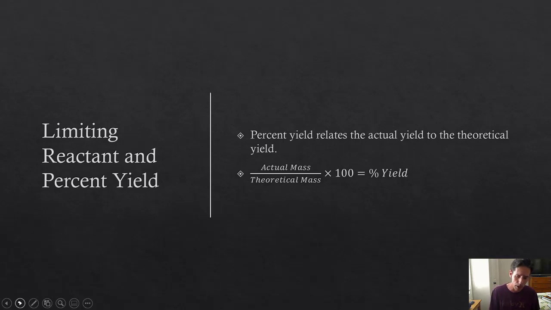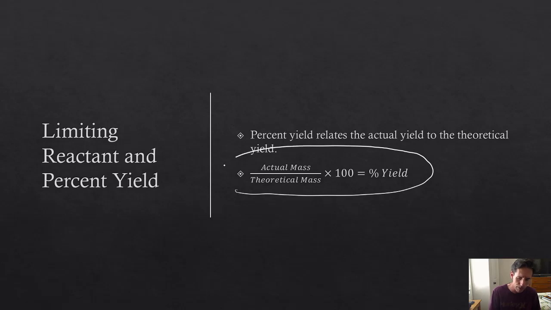There's an equation for it, and the equation is right here, where we have the actual mass, which is done experimentally, and we have the theoretical mass, which, for our purposes, is calculated, meaning in a perfect world, that's what we should get. But in an actual world, meaning doing the experiment, this is what we got.